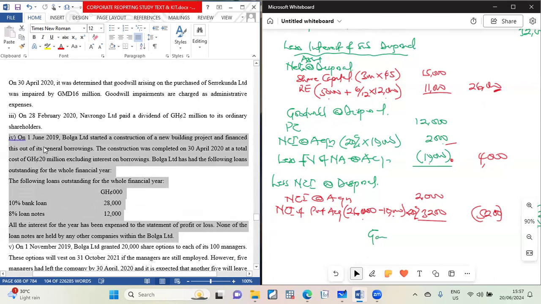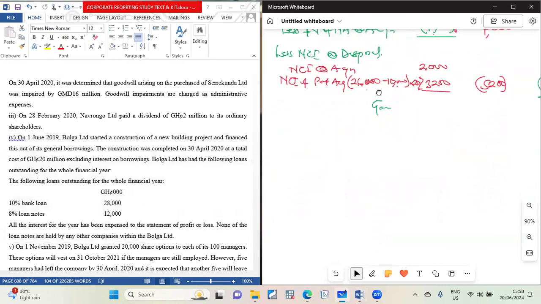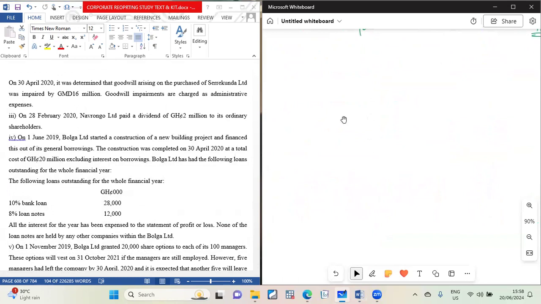So what do we have to see about that? We are told that they use general borrowing. They started the construction of the project using general borrowing. What did you learn in IAS 23? We said that we need to find the capitalization rate. Per the capitalization rate, what are we going to do?